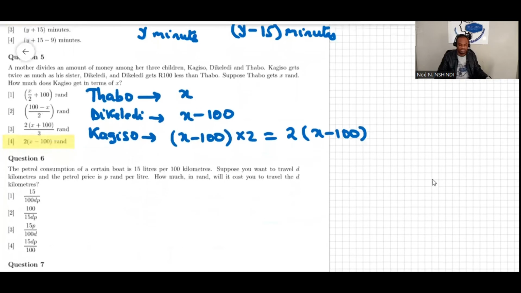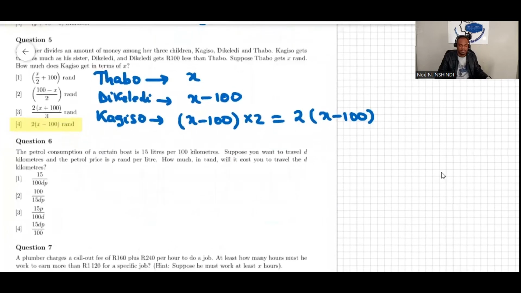Now, the following question is question 6. Here it says that the petrol consumption of a certain boat is 15 liters per 100 kilometers. Suppose you want to travel d kilometers and the petrol price is P rand per liter. How much in rand will it cost you to travel the d kilometers?